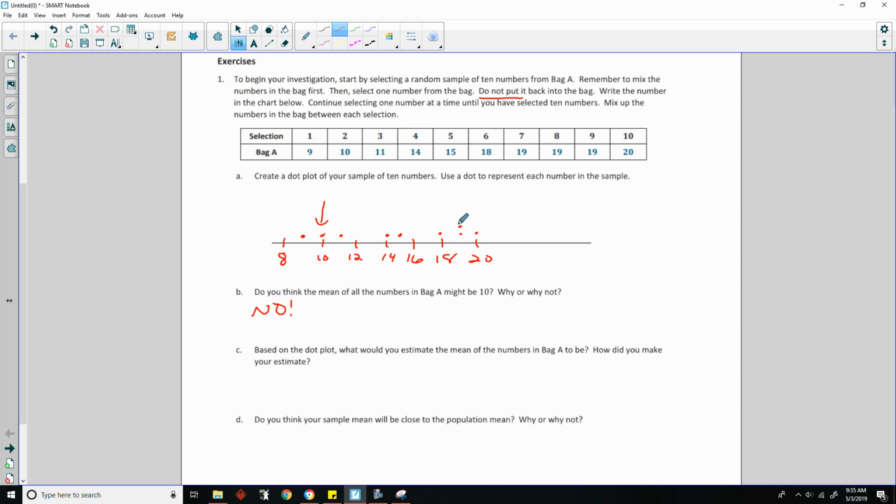So the mean should be greater than 10. Should the mean population be greater than 10? The mean population is greater than 10. They told us that, I think.